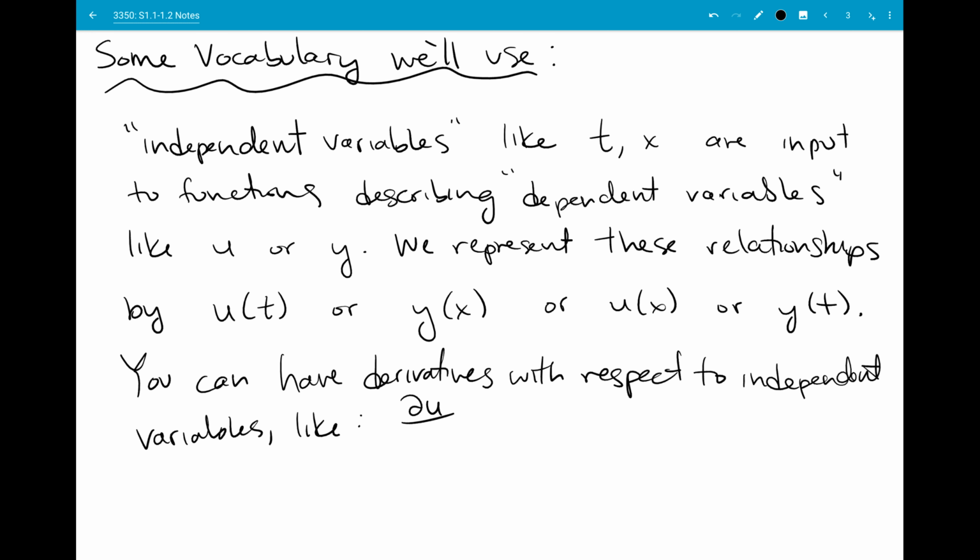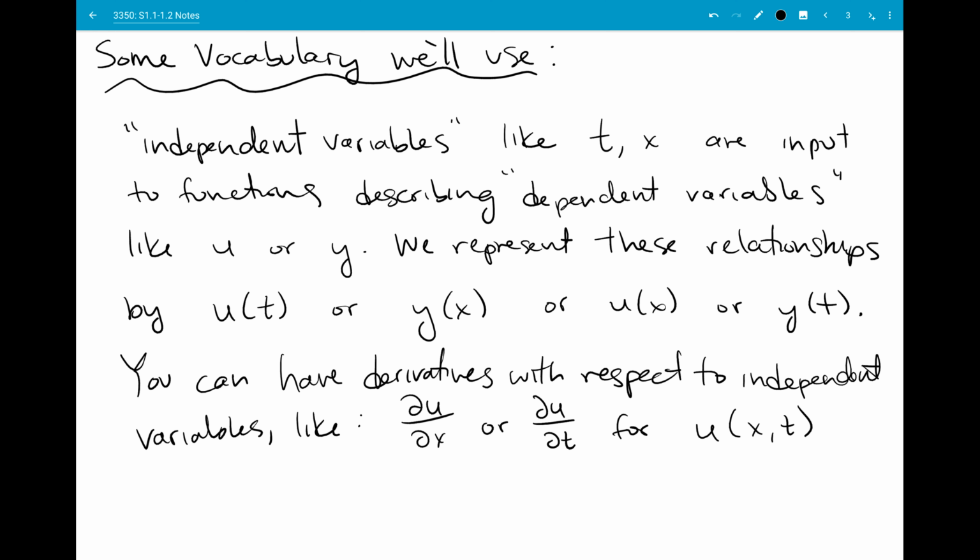So partial derivative of u with respect to x, or partial derivative of u with respect to t, for u a function of x and t. And then you could take higher order derivatives as well.